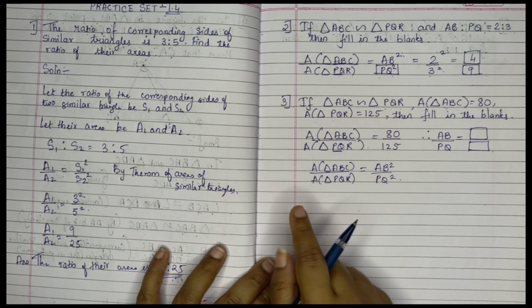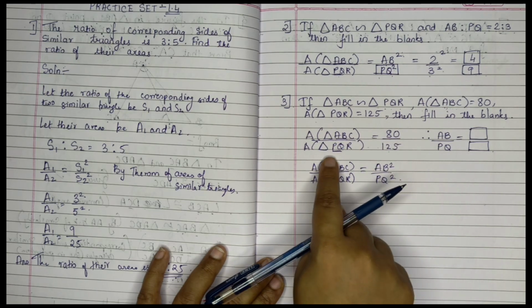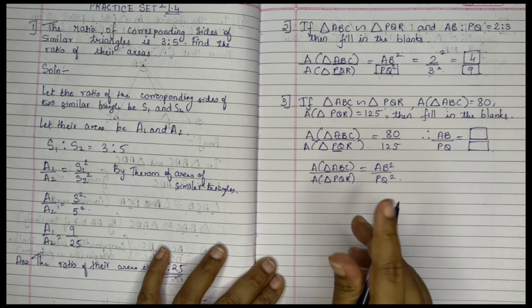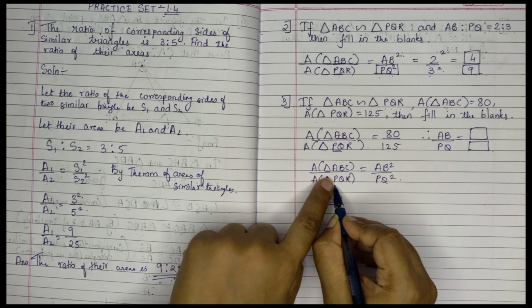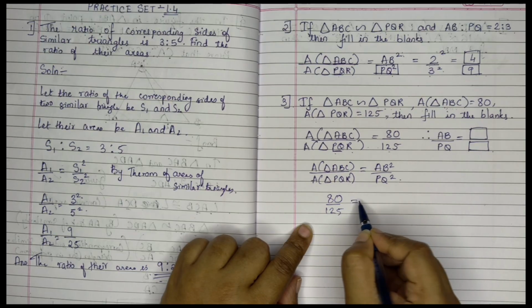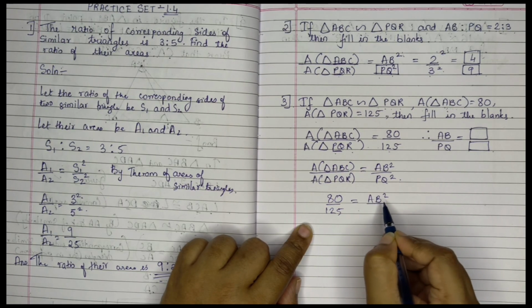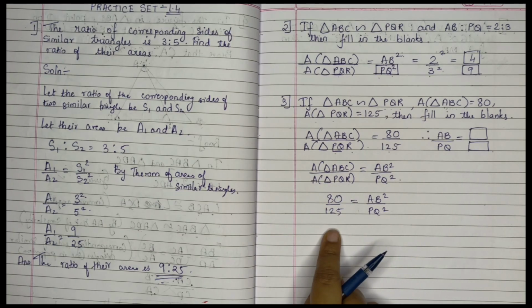Now see this. Suppose the area of triangle ABC is 80 and PQR is 125. So in place of ABC we will use 80 here and in place of PQR, 125, is equal to AB square upon PQ square as it is. Now we will divide these numbers.